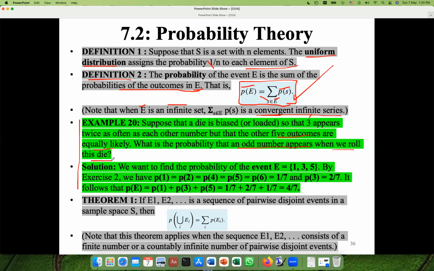And what are the odd numbers? 1, 3, and 5. So you have to consider this 3 also, as one outcome, and then these 1, 3, and 5.